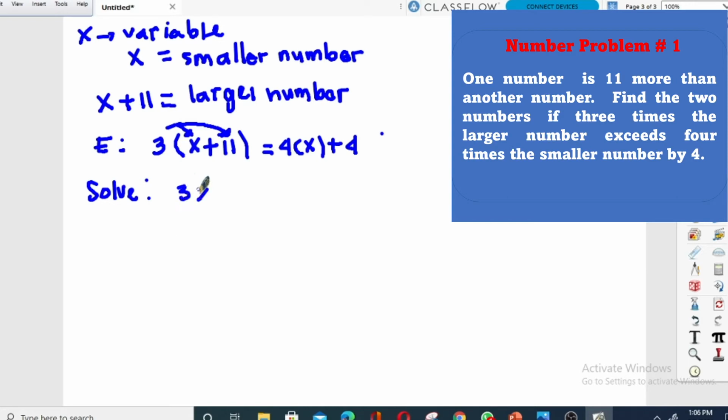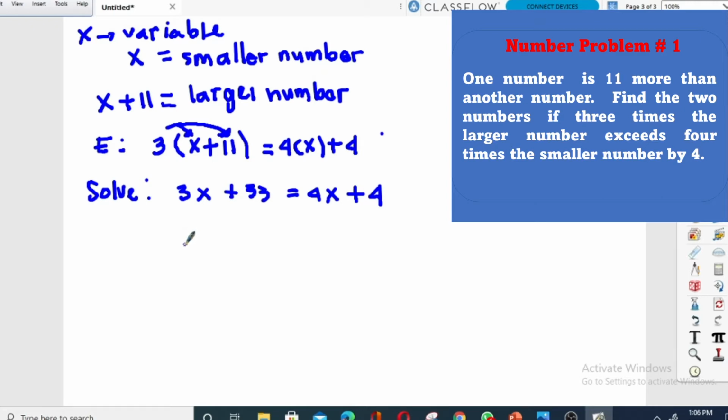So solution: 3x, 3 times 11 is 33, is equal to 4 times x is 4x plus 4. Then simplify. Transpose 4x to the left and 33 to the right.